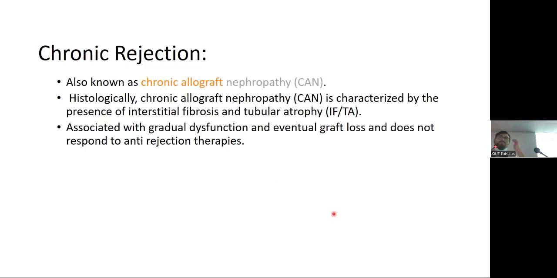In cell-mediated rejection, we have two cells, CD4 and CD8 cytotoxic cells, which along with the major histocompatibility complex cause rejection and ultimately lead to endothelial injury, which causes thrombosis or necrosis of the respective arterioles or the tubules.